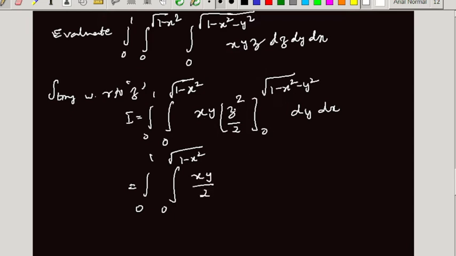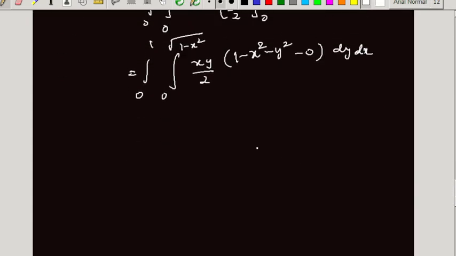Here, the square root and the square are there, so we get the answer 1 minus x square minus y square. By squaring, the square root gets cancelled. And if we apply the lower limit, it becomes 0, into dy dx.